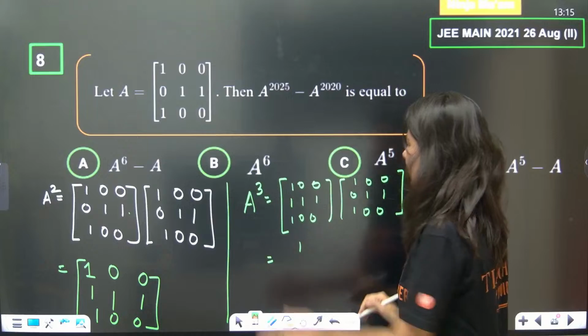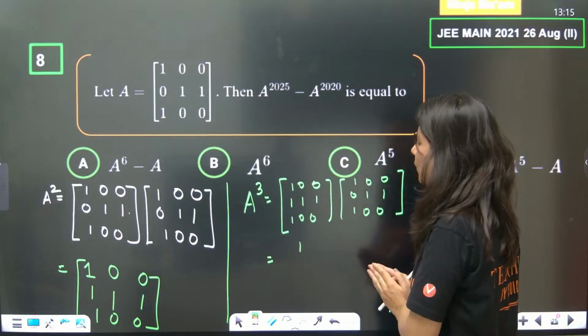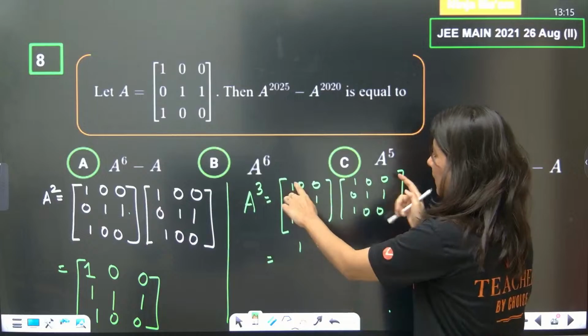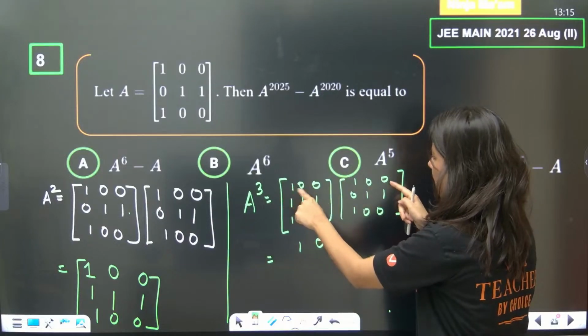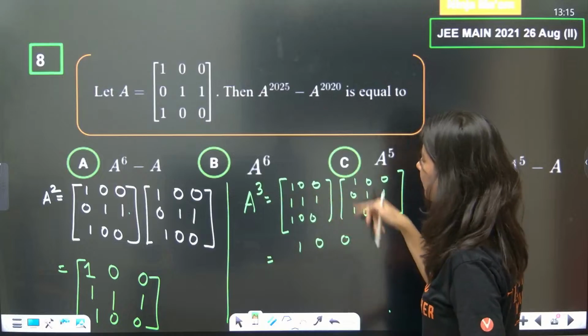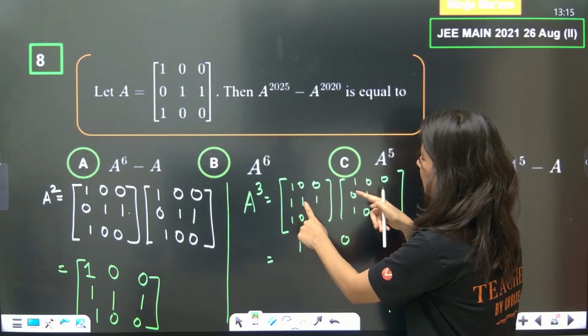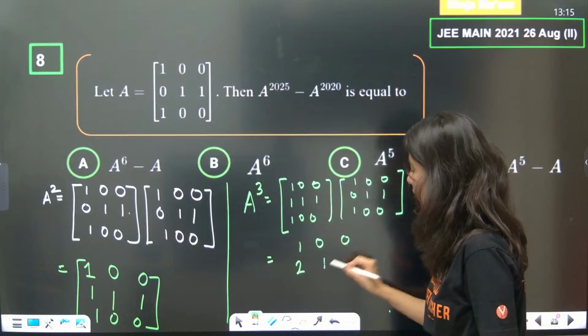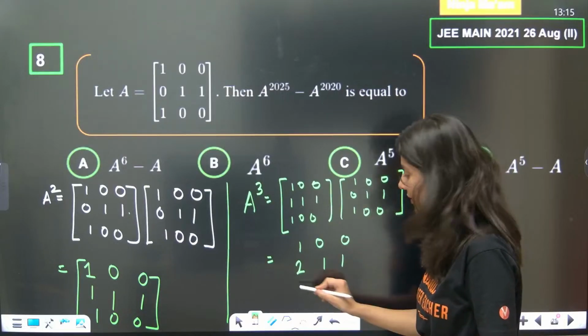So overall 1. Row 1, column 2. So 0, then 0, then 0. This is also 0. Then this and this again 0 0 0. Okay, the next. So row 2 and column 1. So 1 0 1. So this is your 2. Okay, rest both the things will be 1 and this is 1 0 0.